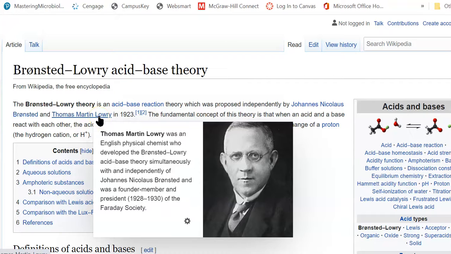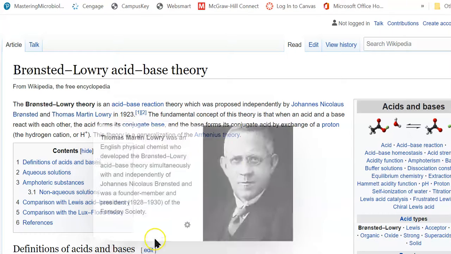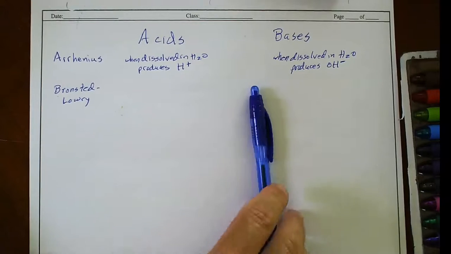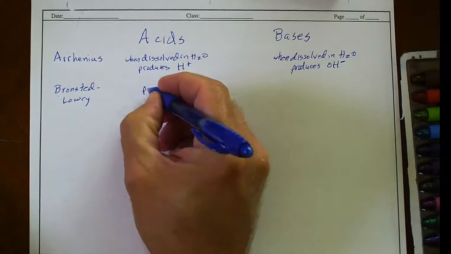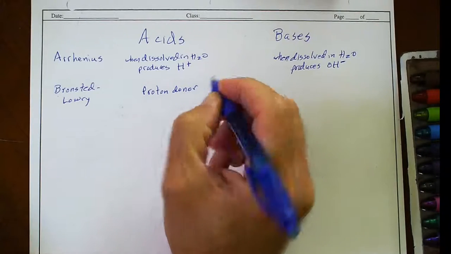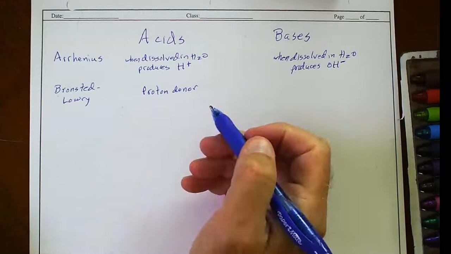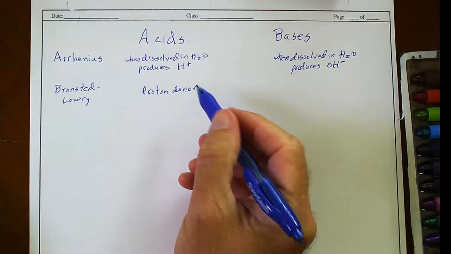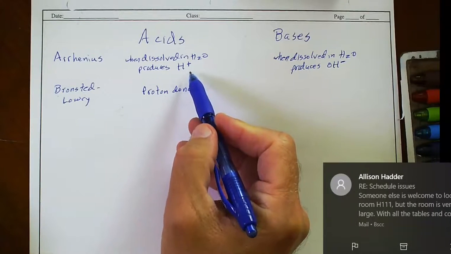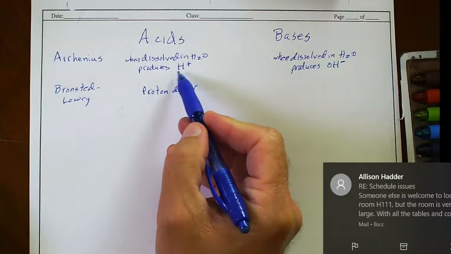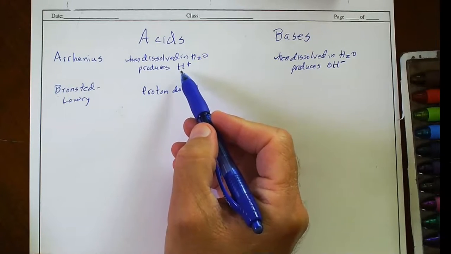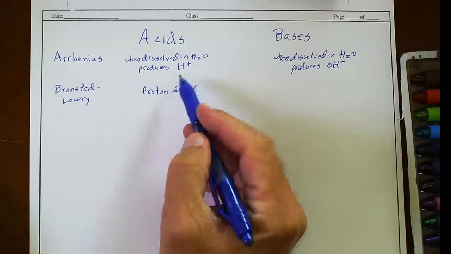So what did they have to say about acids and bases? Well, by their definition, an acid is simply referred to as a proton donor. A donor is one who donates. Okay, so an acid will donate a proton. Well, that's really saying pretty much the same thing as Arrhenius, just in different terms.